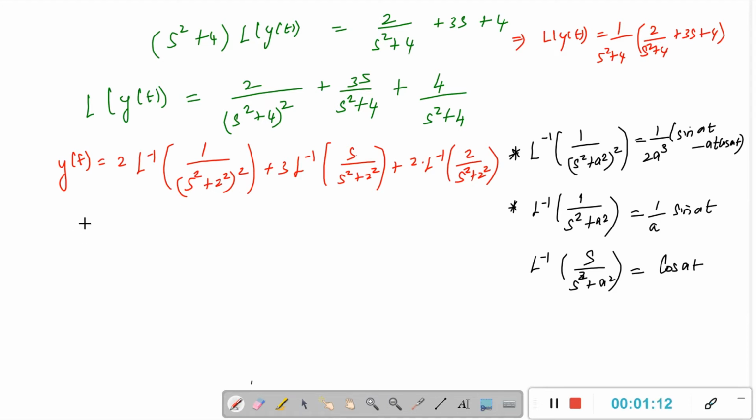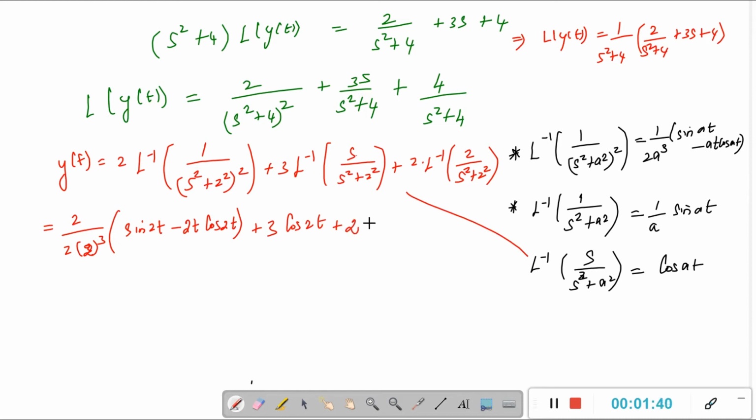From that you get 2 by 2 into 2 power 3 times sin 2t minus 2t cos 2t, plus 3 into, by using the third result, cos 2t, plus 2 into, by using the second result, sin 2t.